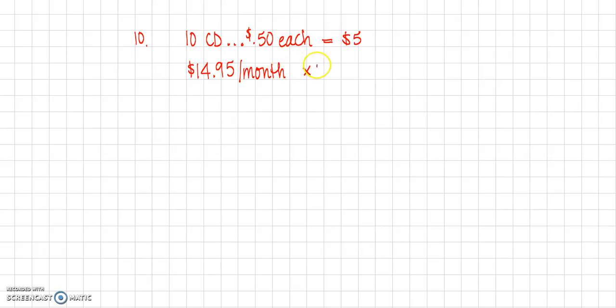And then for the next year, so that's times 12 months. $14.95 times 12 is $179.40.